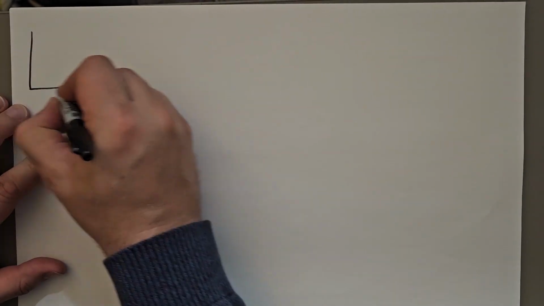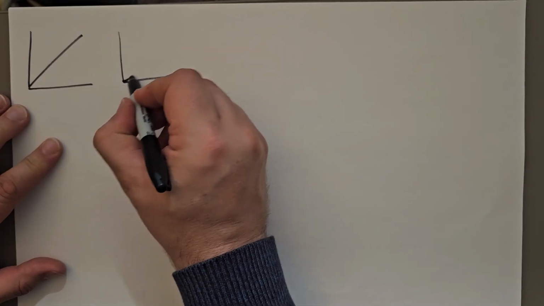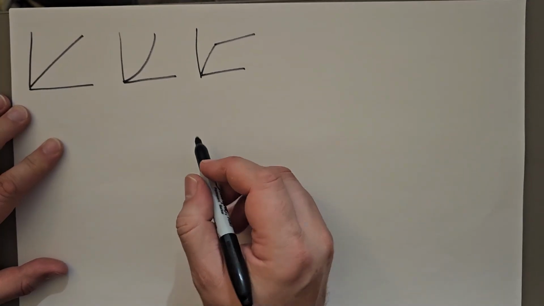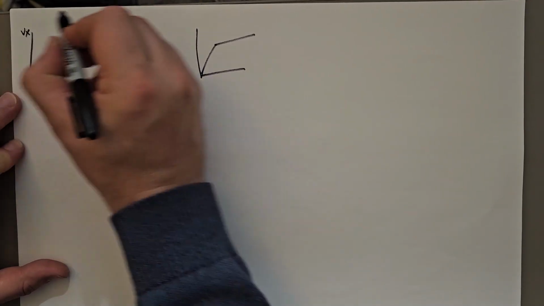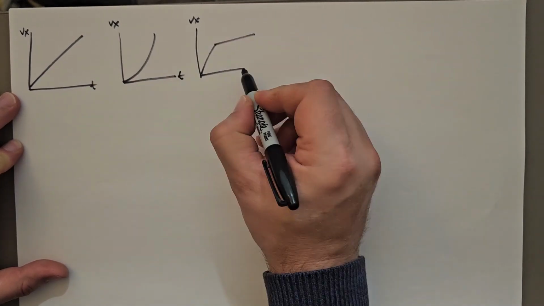Quick quiz 2.6. In figure 2.12, match each vx versus t graph on the top with the ax versus t graph on the bottom that best describes the motion. So in figure 2.12, we have 6 graphs. Let me draw them over here. This is vx, vx, vx, and this is t, t, t.